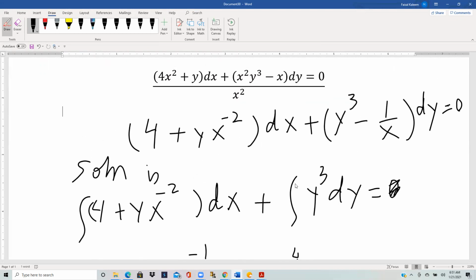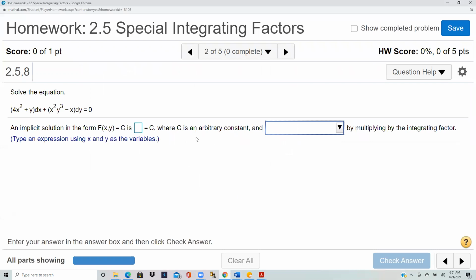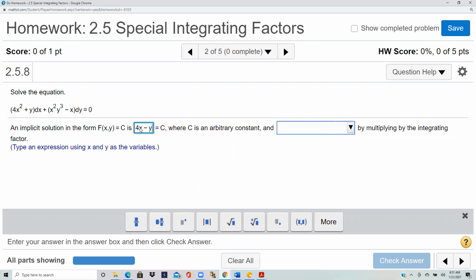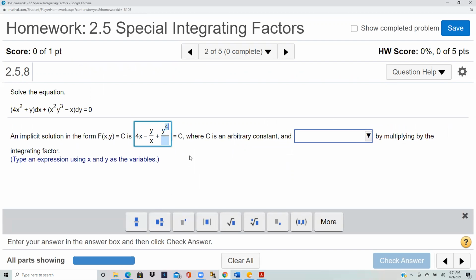When you do the solution, that's equal to C. So this will be 4x minus y over x plus y to the 4 over 4 is equal to C.